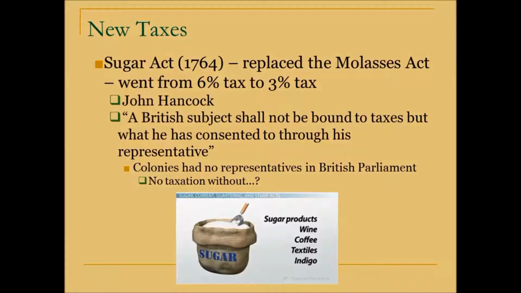And so John Hancock and many other men came up with this idea that you see the quote in front of you: a British subject shall not be bound to taxes but what he has consented to through his representative. So they're trying to argue the point that the colonies had no representatives in British Parliament and there shall be no taxation without what?